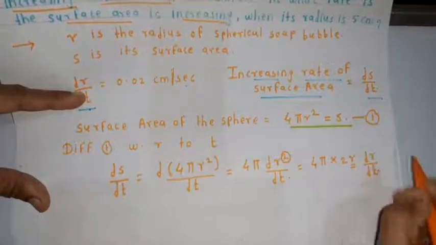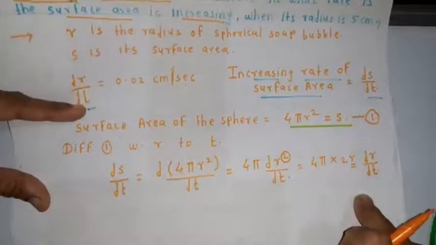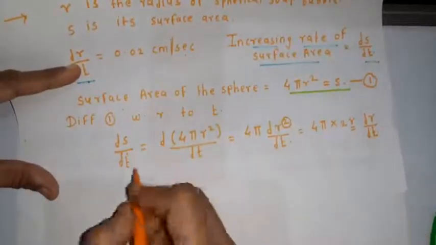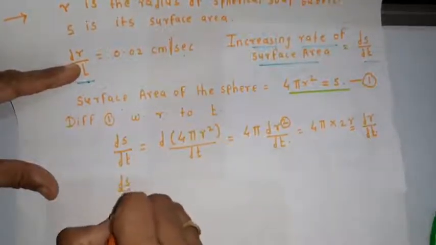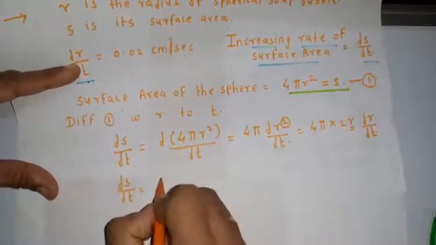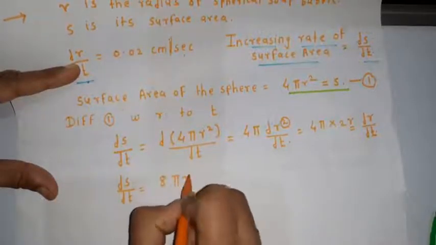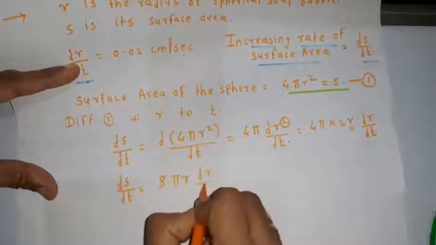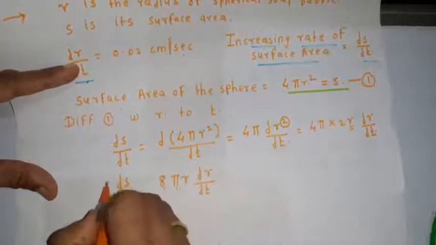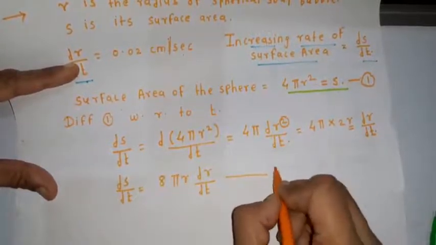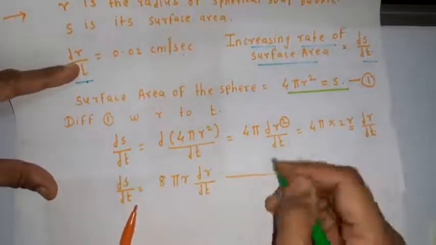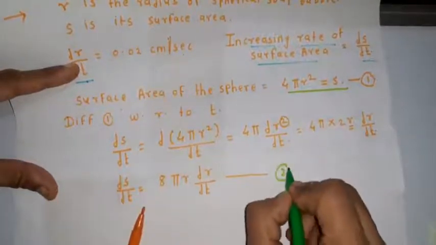Every time you have to note this step, students. Okay. And therefore here ds by dt equal to 8 pi r dr by dt.